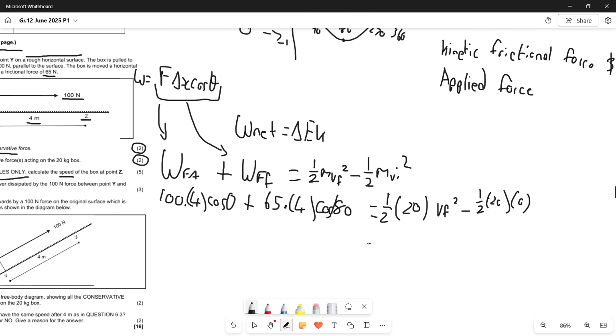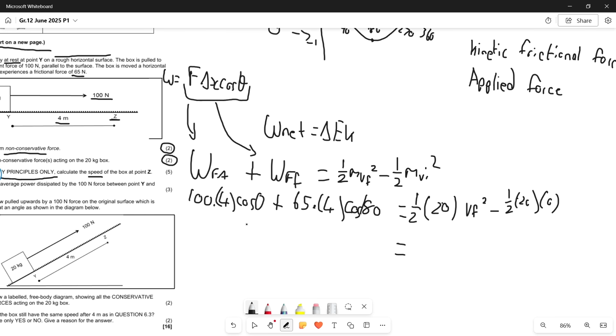Okay, so at this stage, we can go ahead and start to simplify everything. And then we can solve for our final velocity at point Z. So 100 multiplied by 4 is 400. Cos 0 just means 1, so it is still just positive 400. Okay, plus 65 multiplied by 4 is 260, but the cos 180 makes it a negative. So we have negative 260 over there.